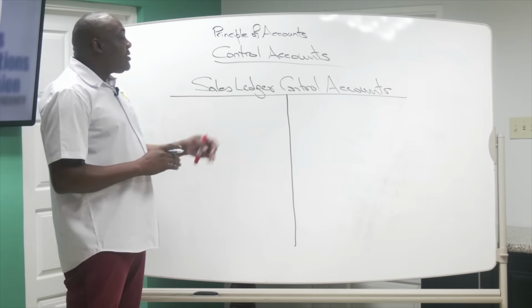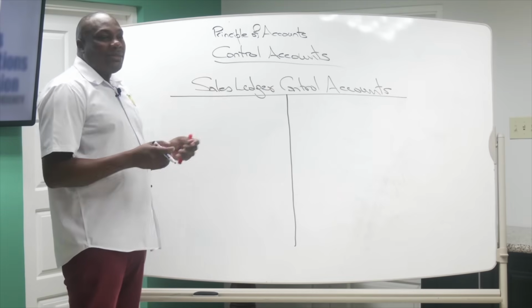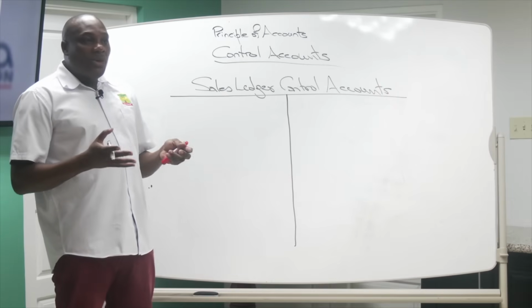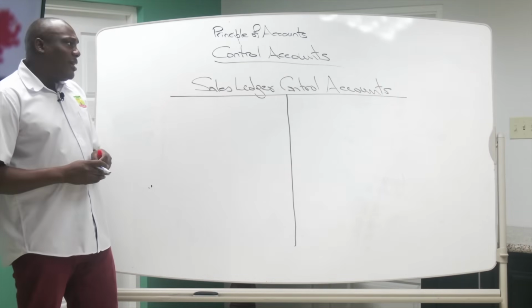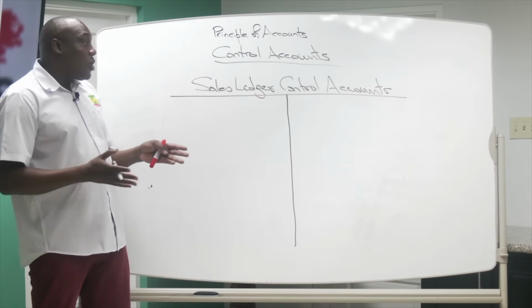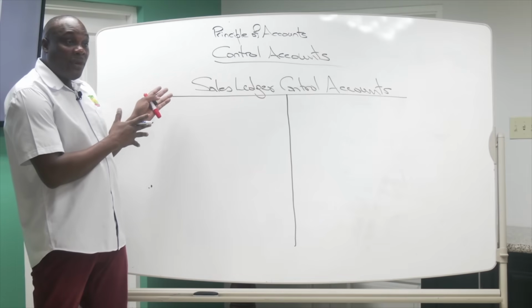Now, the sales ledger control account, student, is typically the T account that you are already accustomed to. All right? We would have learned T account from the early onset, the introductory stage of accounting.